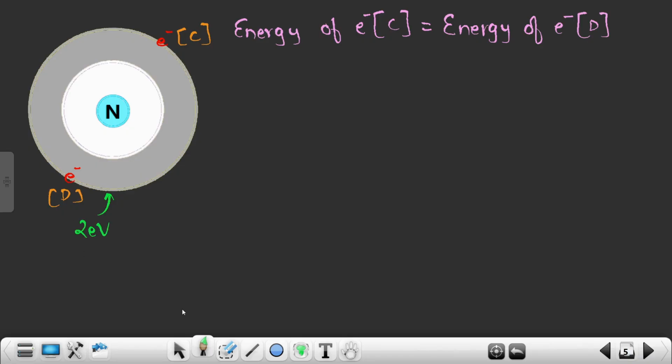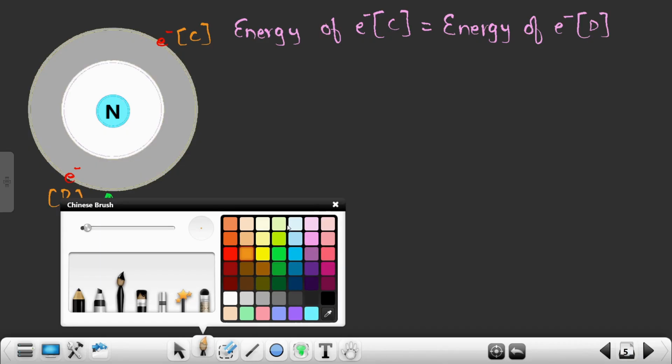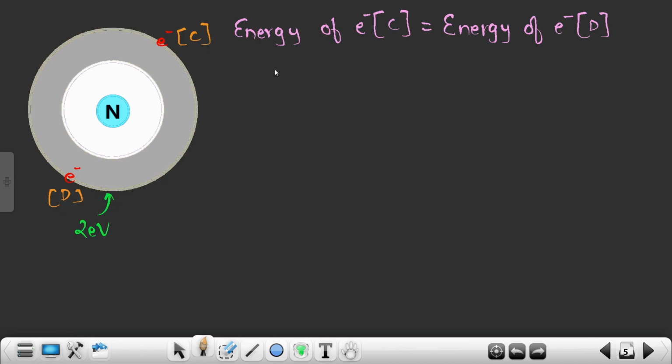Again, this is a random number. So I'll write over here, the energy of electron C is equivalent to the energy of electron D, and that is equivalent to how much? 2 electron volt. That's correct.